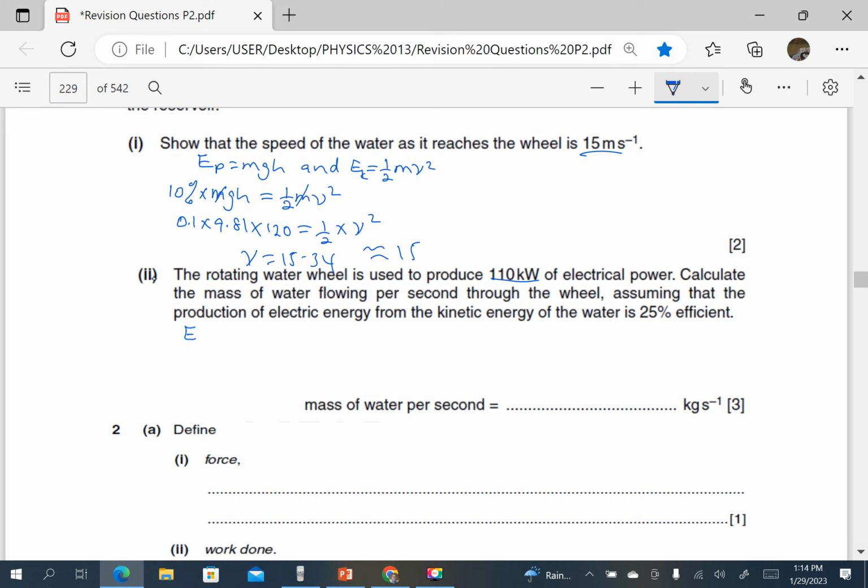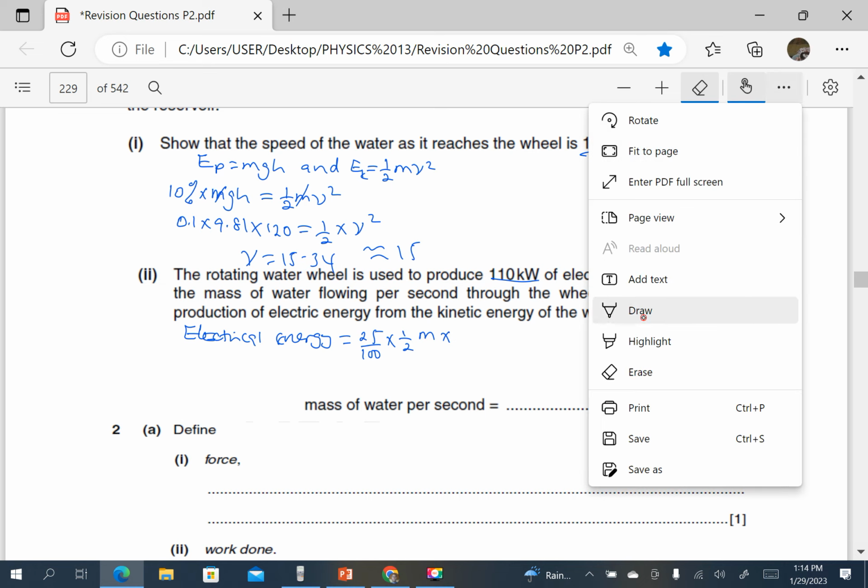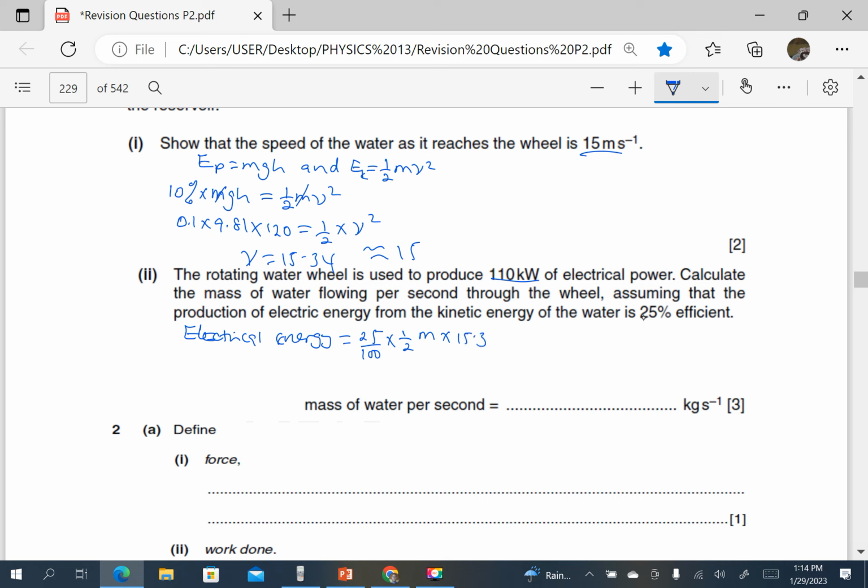So electrical energy is equal to 25%, that is 25 over 100, times the kinetic energy, which is a half times the mass times v squared, where v is 15.3. So times 15.3 squared.